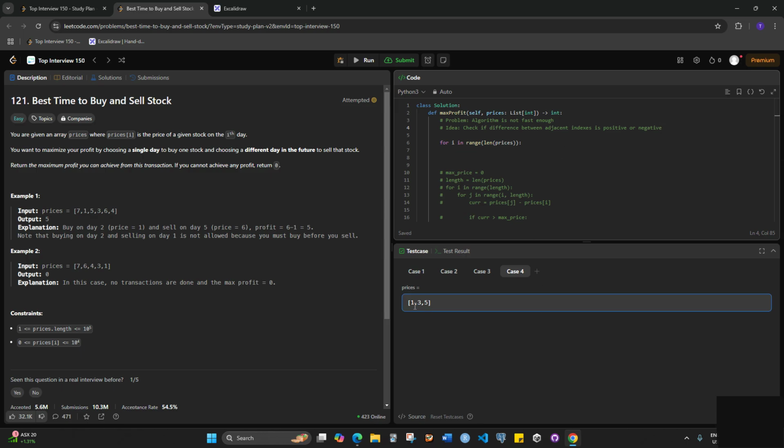Guess maybe that could work, because this is +2, so then the current maximum profit is 2. Here it's +2 again, so the maximum profit is 4.